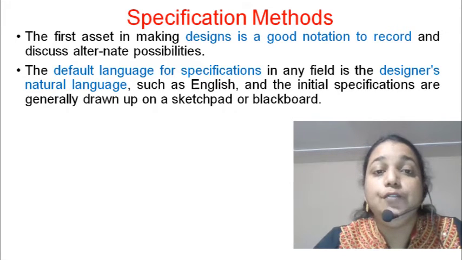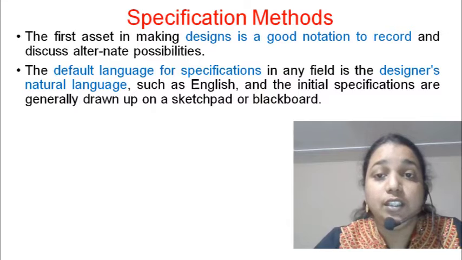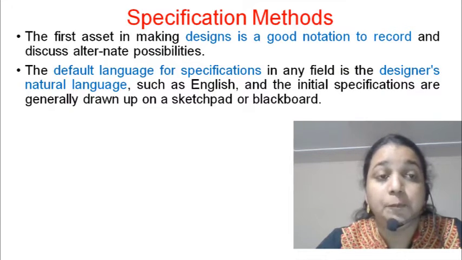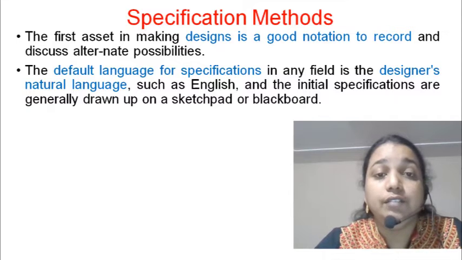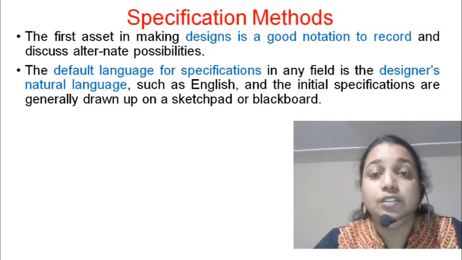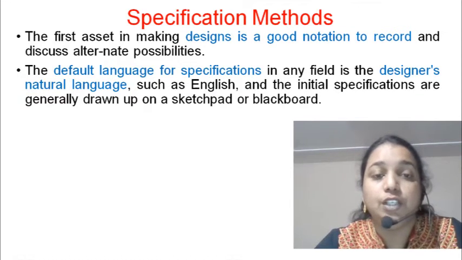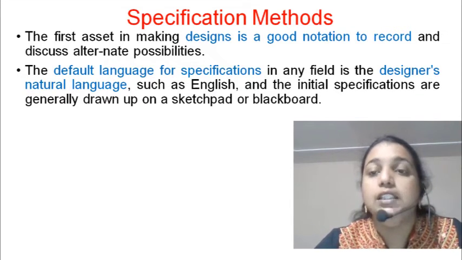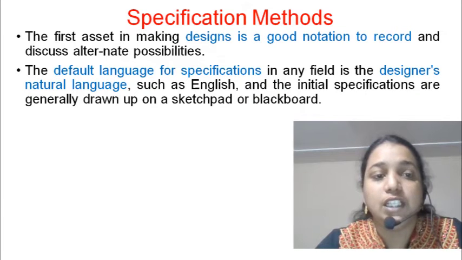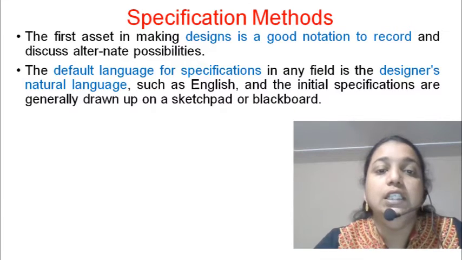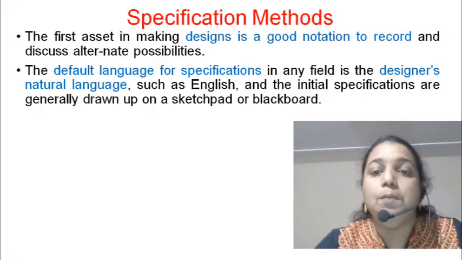The default language for specification in any field is the designer's natural language, such as English, and the initial specifications are generally drawn up on a sketch pad or blackboard.